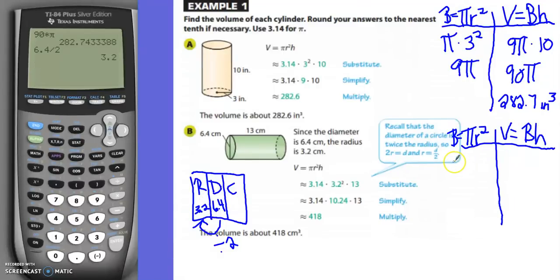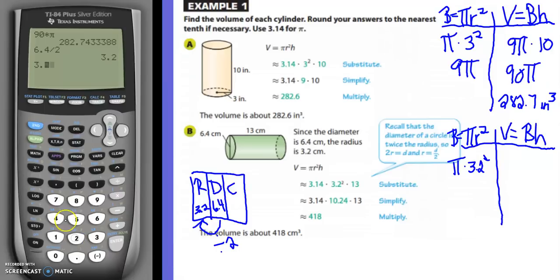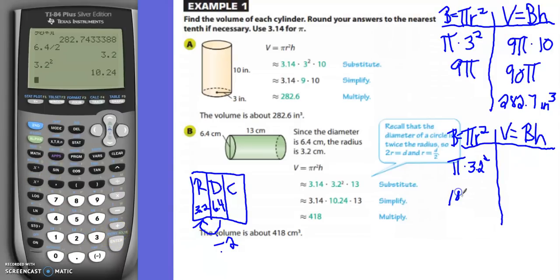Alright, so we have pi times 3.2 squared. So 3.2 squared, we get 10.24 pi. So now we're going to say 10.24 pi times the height, 13.